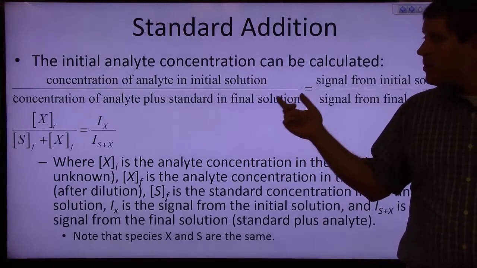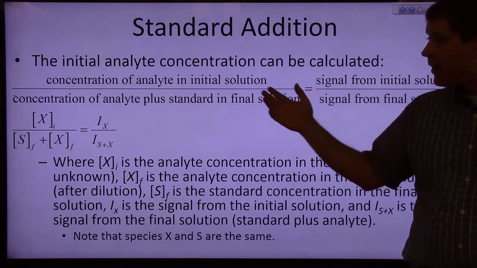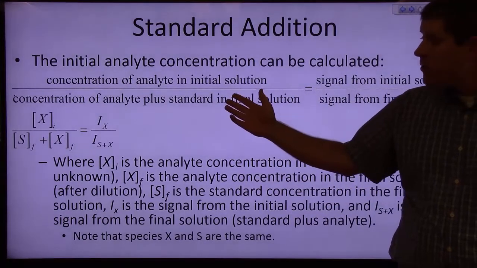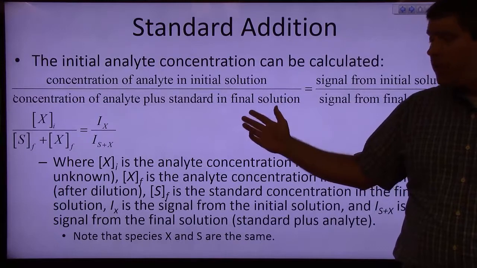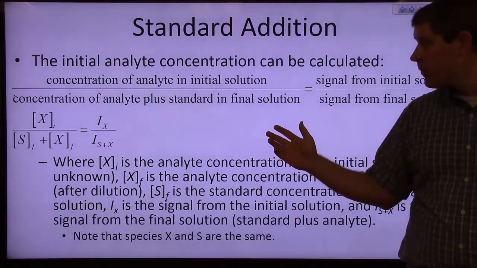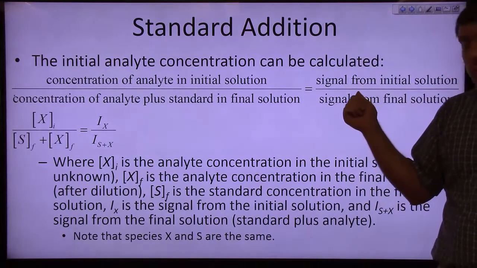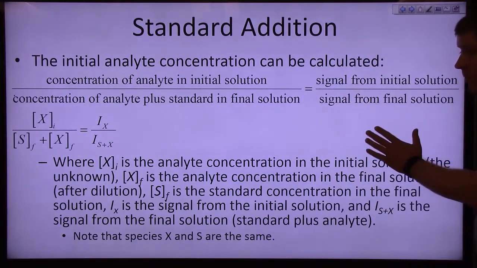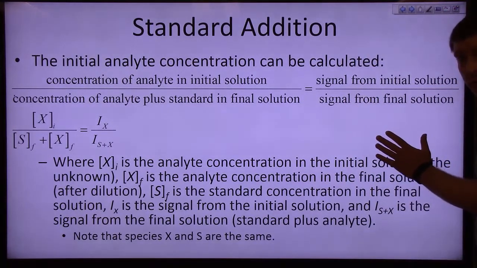Now, the initial analyte concentration can be calculated like so. We take the concentration of analyte in initial solution divided by the concentration of the analyte plus the standard in final solution. That's going to be equal to the signal from our initial solution divided by the signal from our final solution.